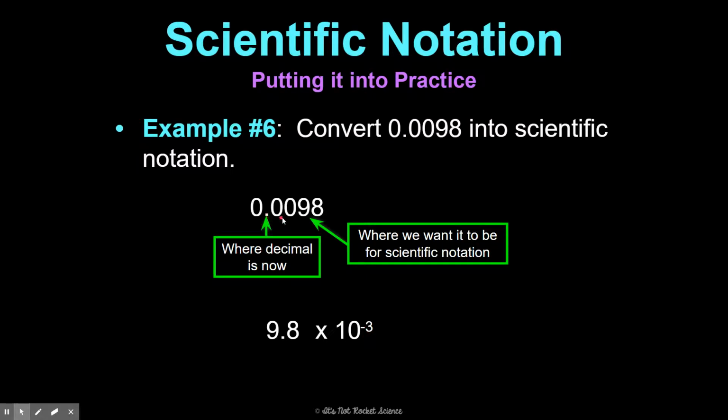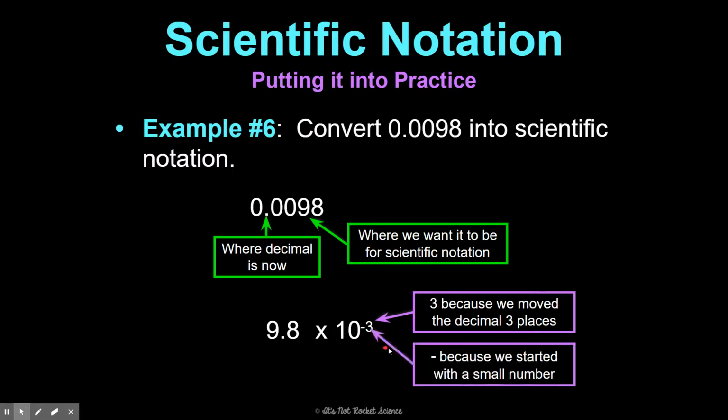But I moved them to make a small number bigger. So I started out smaller and I went bigger. I'm going to put a negative sign. And what this negative sign essentially means is that 9.8 will get smaller when I rewrite it out because I'll move my decimal over this direction.